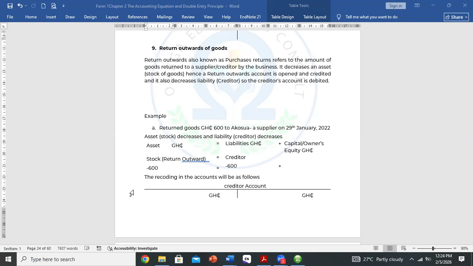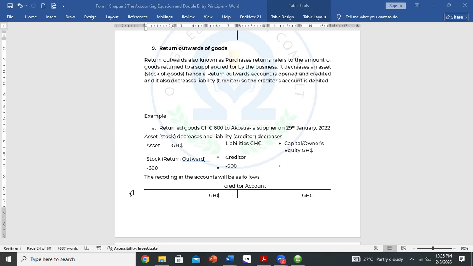Return outwards, also known as purchases return, refers to the amount of goods returned to the supplier or creditor by the business. It decreases an asset, that's stock of goods. Hence, a return outwards account is opened and credited, and it also decreases liability, that is the creditor. So the creditor's account is debited. Okay, thank you very much.